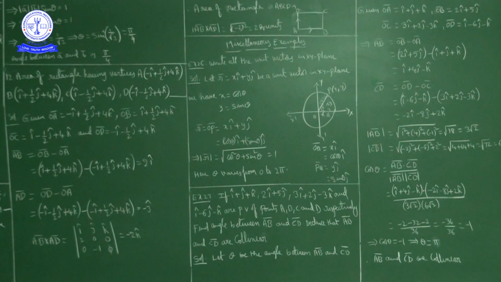Here theta ranges between 0 to pi, so cos theta equal to minus 1 means theta is equal to pi. The angle between AB bar and CD bar is pi, which means AB bar and CD bar are collinear.